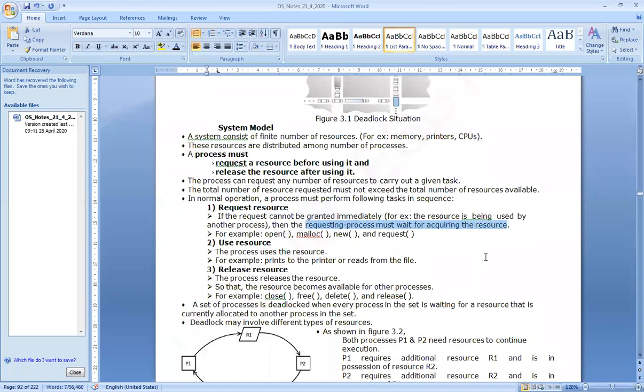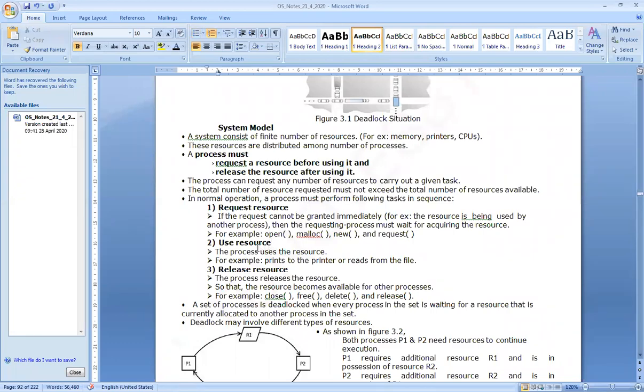What happens in the request of the resource is, if the request is made by the process and it is not granted immediately, then automatically it has to wait to acquire that particular resource. That is called request of a resource. In that case we have many different functions used. We may use open function, malloc, new, request. All these are some of the inbuilt functions which are used under request of resource.